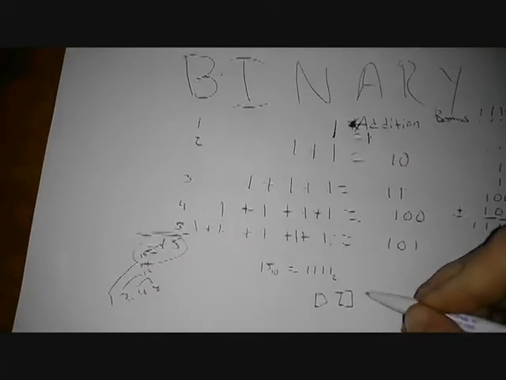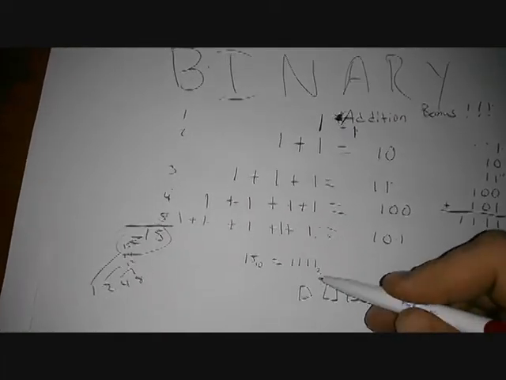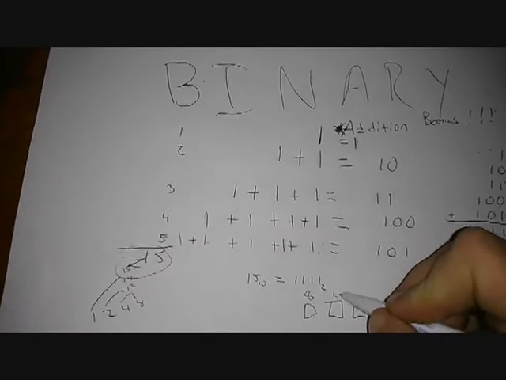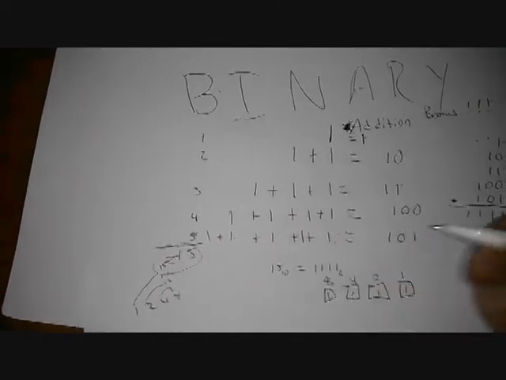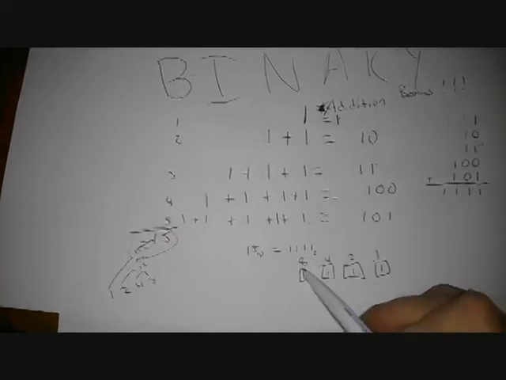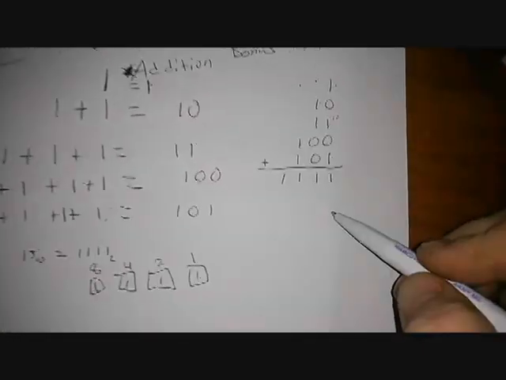We have the 1s, the 2s, the 4s, and the 8s. 8, 4, 2, 1. So we put a 1, a 1, a 1, and a 1 in each one. 8 plus 4 is 12, plus 2 is 14, plus 1 is 15. And there it goes.